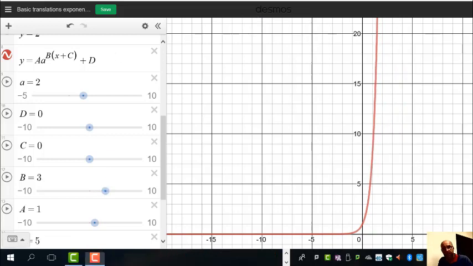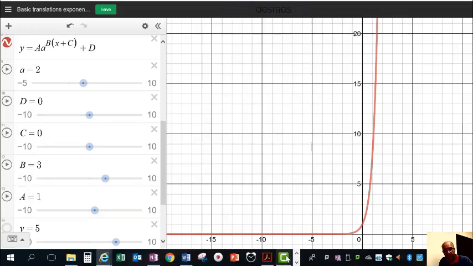In this case we would have the function y equals 2 to the x with a b of 3, so in fact that would be 2 to the 3x. So that compresses it horizontally.